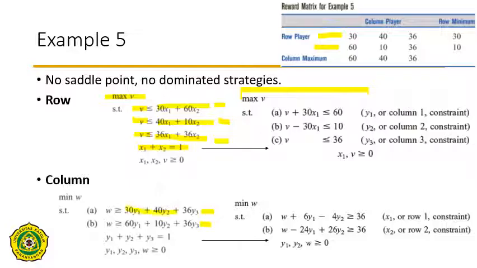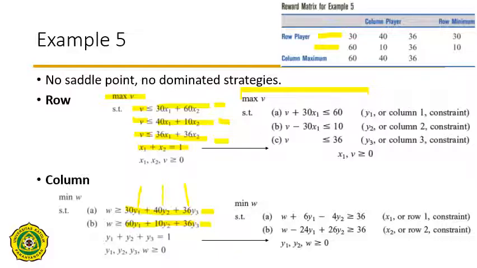And then this is the expected reward for the row player with respect to the strategies played by the column player. So y1 is the probability of the column playing strategy 1, y2 the probability of the column playing strategy 2, and y3 the probability of the column player playing strategy 3.